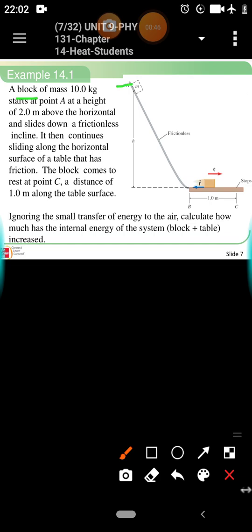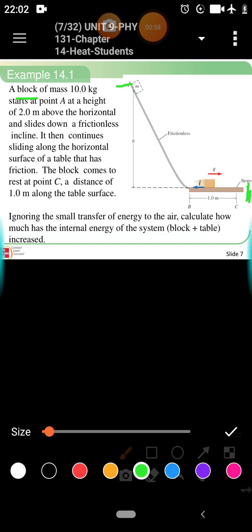So it started at rest and then it stops here. It might be that it stops because we can agree that at this point it has friction, but it moves until it stops here.